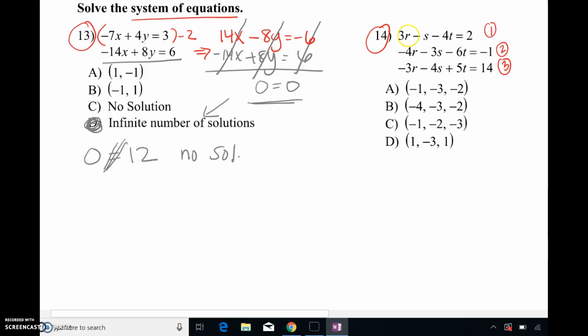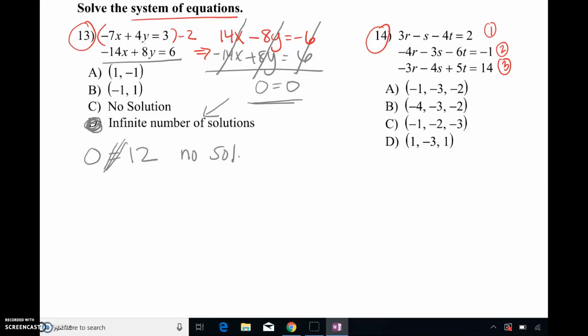And a lot of you guys would probably say r, because see how the 3r in equation 1 and the negative 3r in equation 3 would cancel? We could. And then I could do equation 1 and 2 and multiply the top one by 4 and the second one by 3. But I'm going to eliminate s's. The reason I'm choosing s is because it has a coefficient of 1 here. And I like to do those ones.